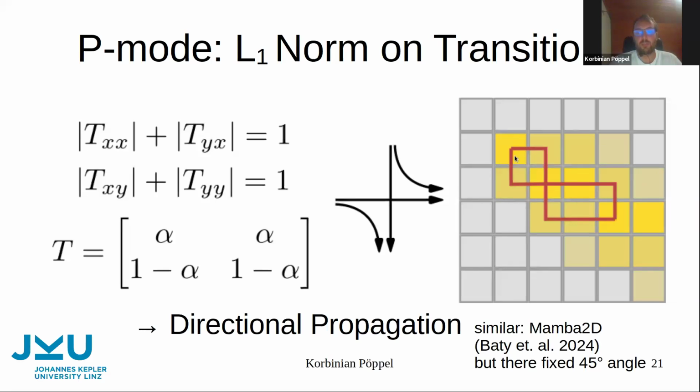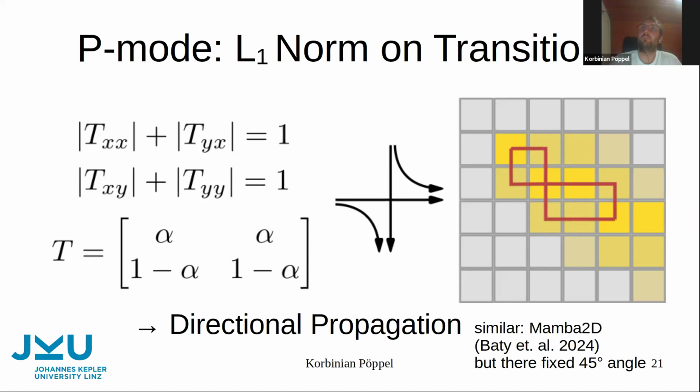This then means that the effective receptive field of this top left pixel here, shown in bright yellow, goes along a line with an angle defined by alpha, by this entry of the transition matrix. And with this, we have directional propagation. So we can encode the notion of direction here in the propagation along a line.